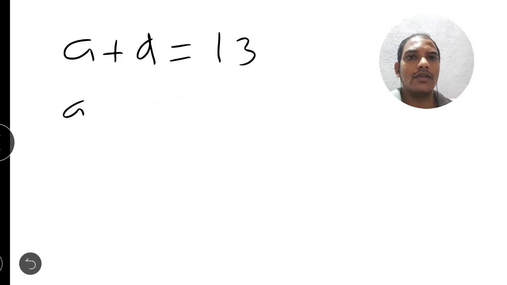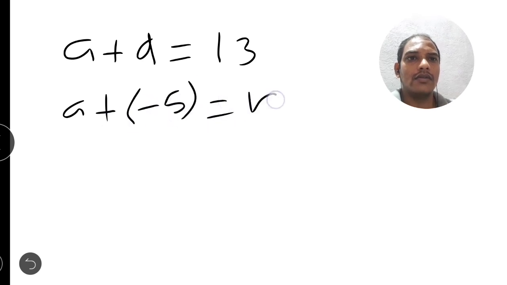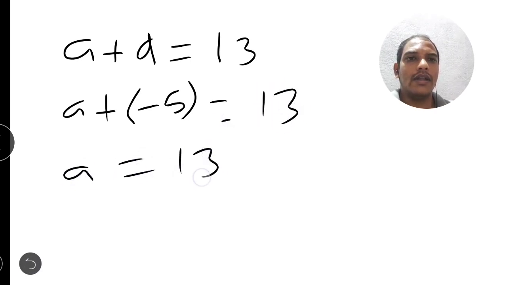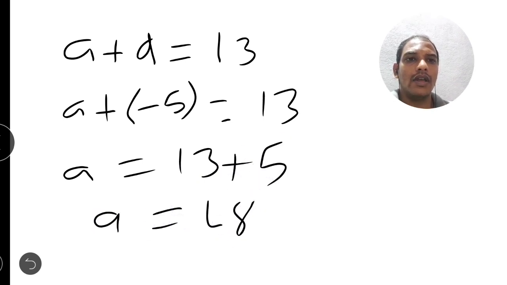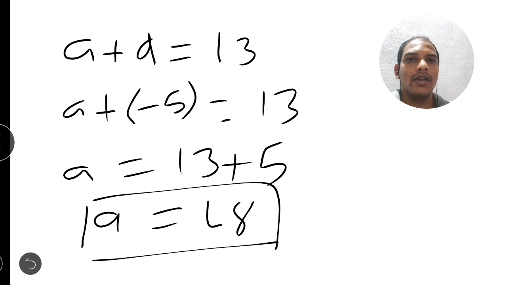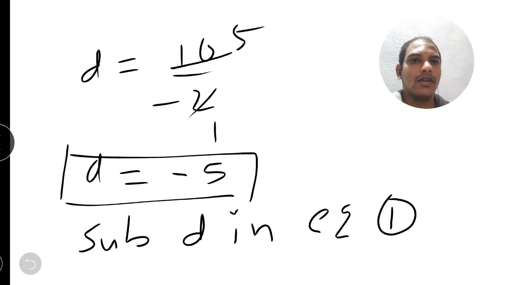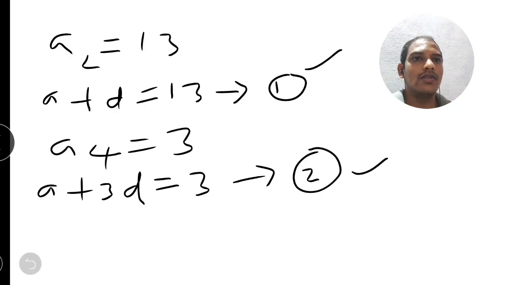Minus 5. So a plus minus 5 equals 13. Then a equals 13 plus 5, a equals 18. So the a value is 18 and the d value is minus 5. So we solved two equations and found the a and d values.